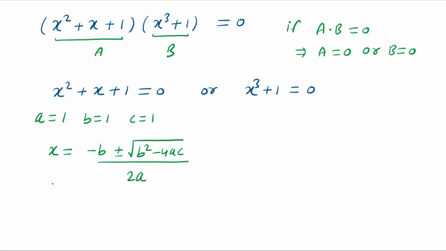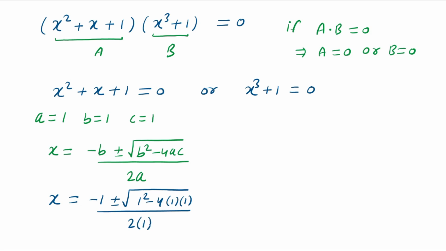Then x is equals to minus value of b, which is 1, plus minus square root of value of b, which is 1, square, minus 4 times value of a, which is 1, and value of c, which is 1, and divide by 2 times value of a, which is 1. Then x is equals to minus 1 plus minus square root of 1 square is 1 minus 4 times 1 is 4, divided by 2 times 1 is 2.